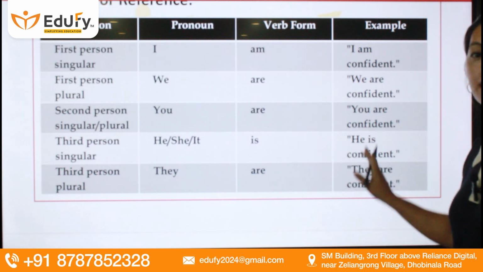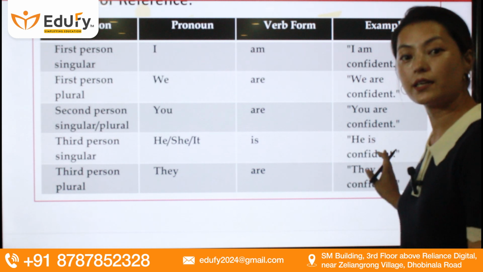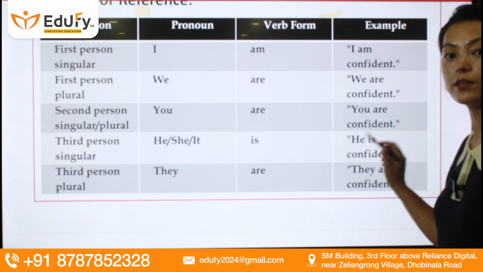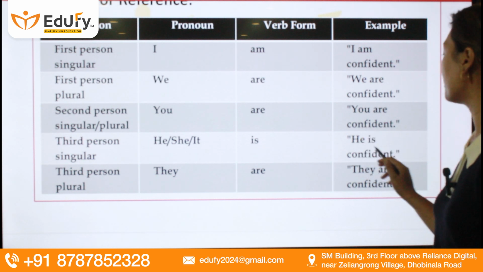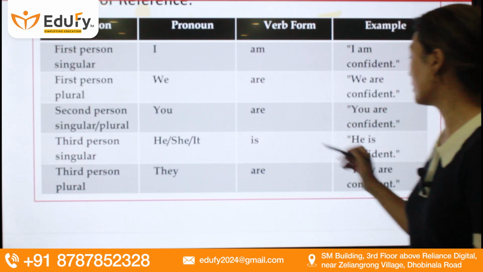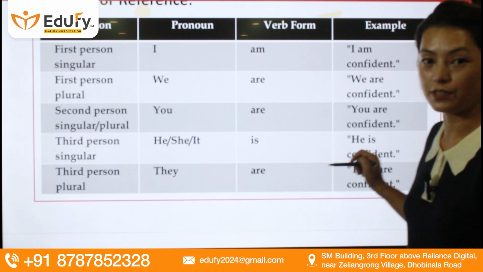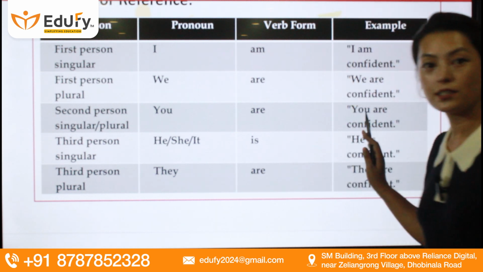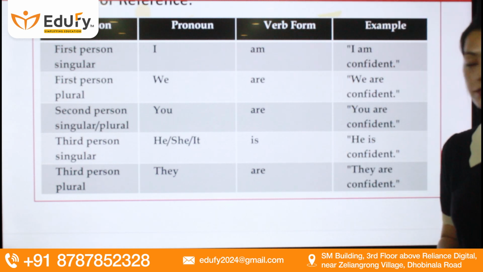For example, he is confident is the correct usage. How we see that he is a singular third person, therefore the verb that I've used is singular. If you want to write this in the past form, you can write he was confident, not were, not are, not anything else, but rather just a singular verb.